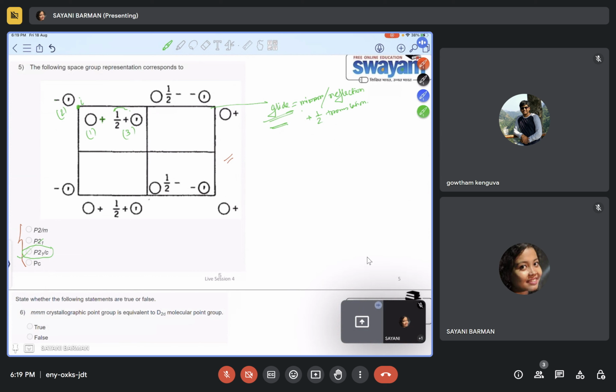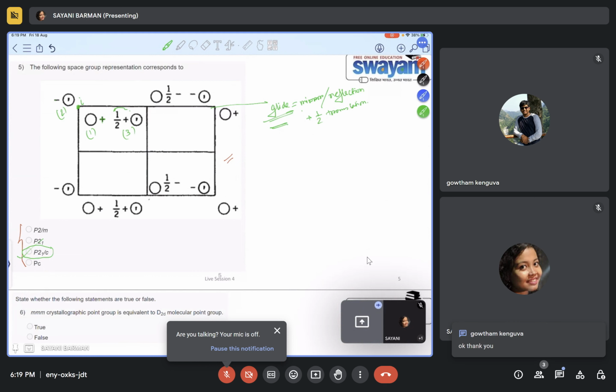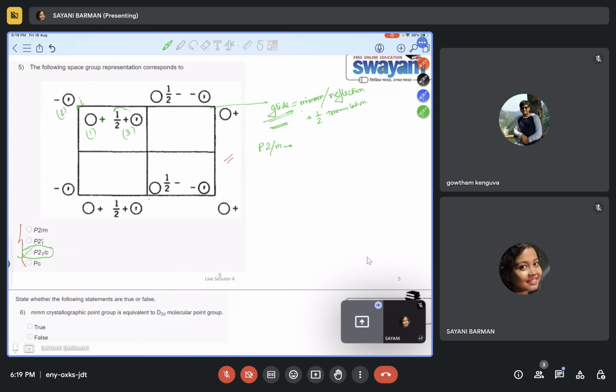Okay, so now coming back to the question. The first space group is P2/m. So P2/m means, we'll draw a rectangular lattice first. So this is our first point.